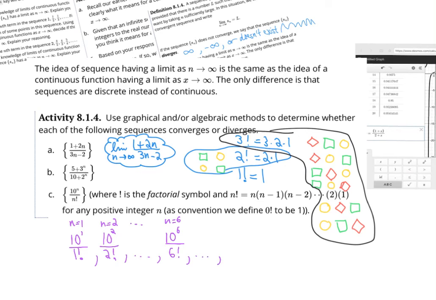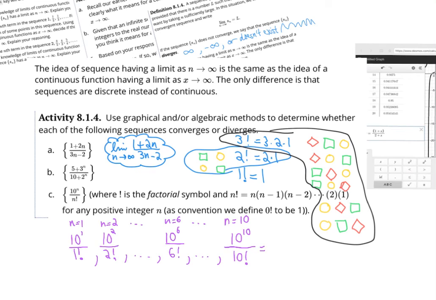And then let's skip to n equals 10, where we have 10 to the 10 over 10 factorial. Let's examine this one real quick.